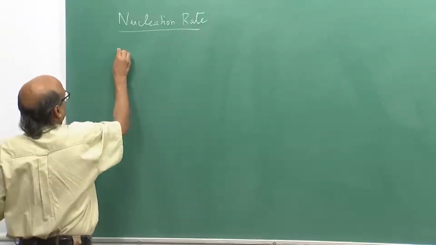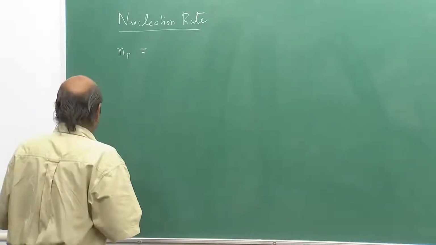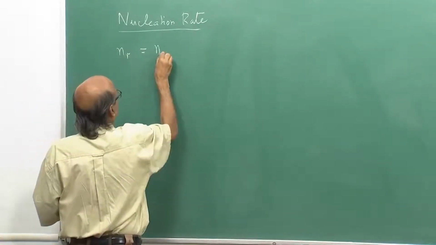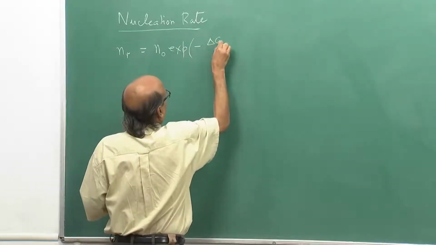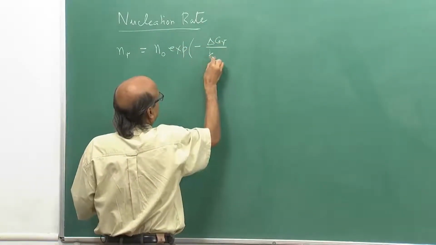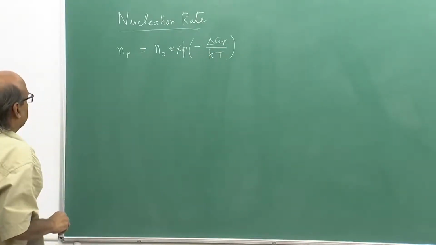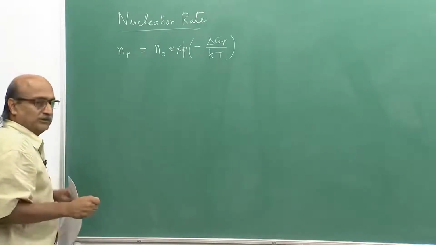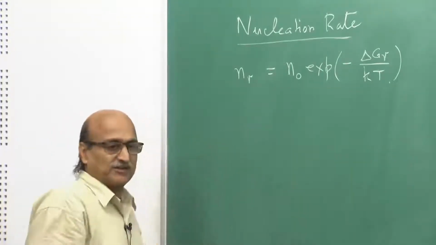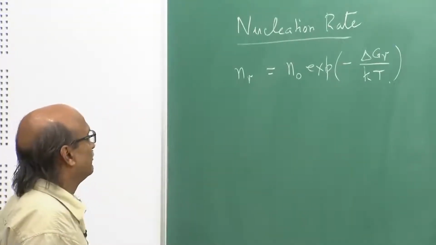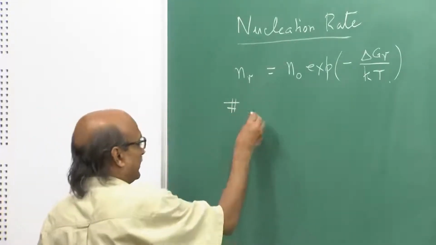In the earlier lecture, I had written that for a given size, the number of nuclei formed per unit volume is given by N0 exponential minus delta GR divided by KT. In order to estimate the number of nuclei of critical size that will be formed per unit volume, it would be given by an analogous equation.